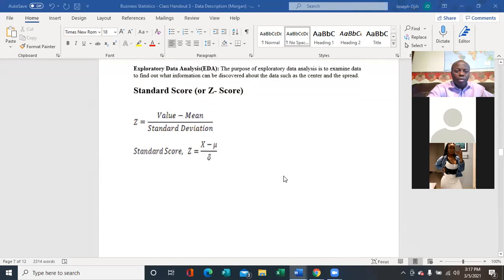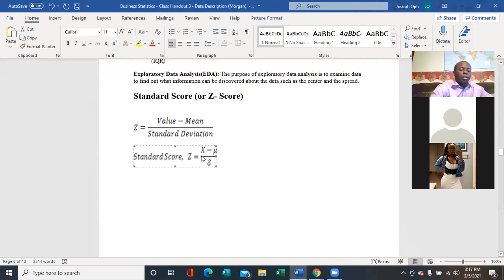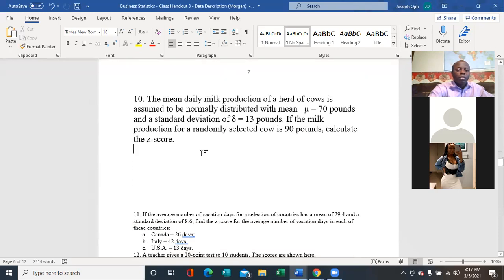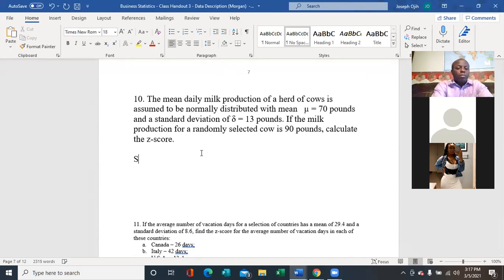So all we have to do is apply the formula I just gave you, which is that the standard score is x minus the mean, over the standard deviation.